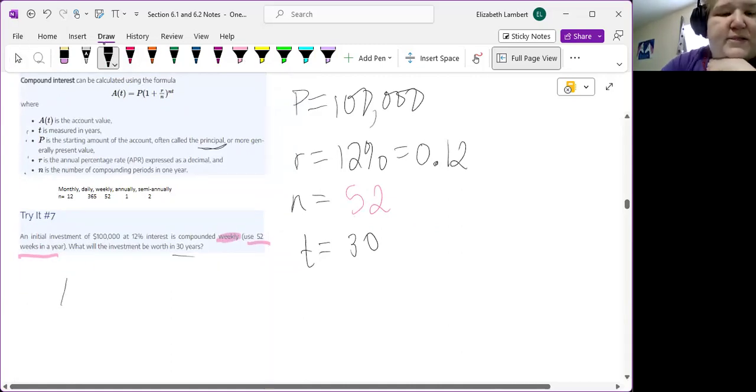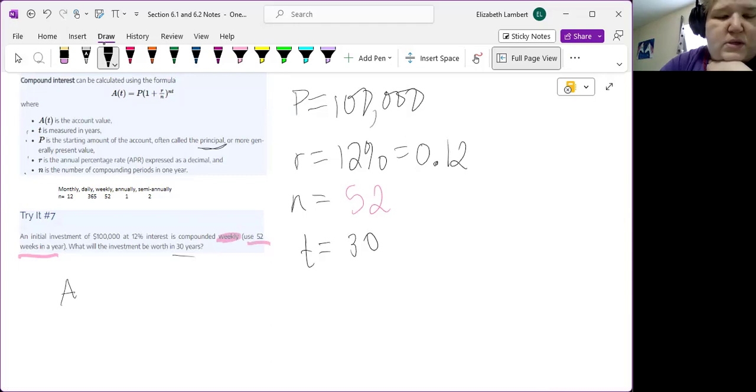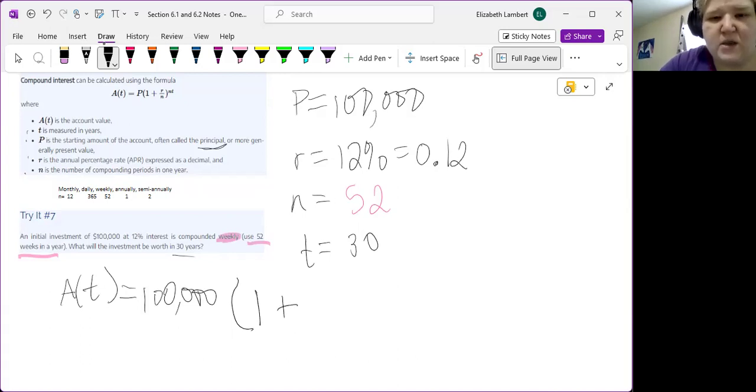All right, so A of T, I'm not going to plug in the T number at first, but this is how we're usually told. We have that initial investment, then the big parentheses, 1 plus our R as a decimal, 0.12, divided by our n value of 52.